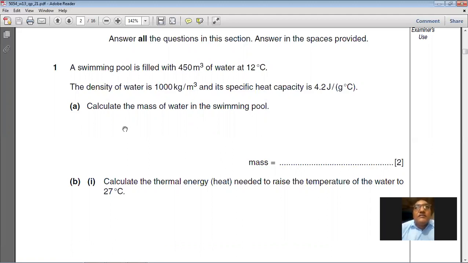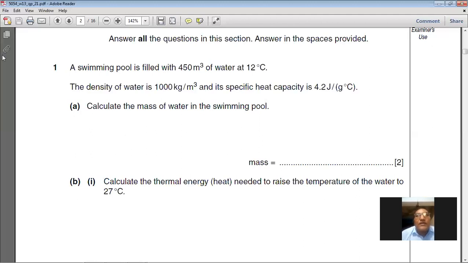The density is given and the volume is given. You know the density is equal to mass divided by volume. So mass is equal to density multiply volume. So you can put the values of density and the volume and multiply them and you will get the value of the mass. And the answer will be in kg.